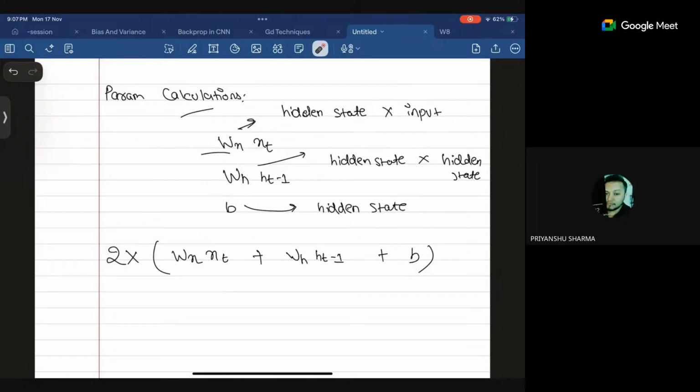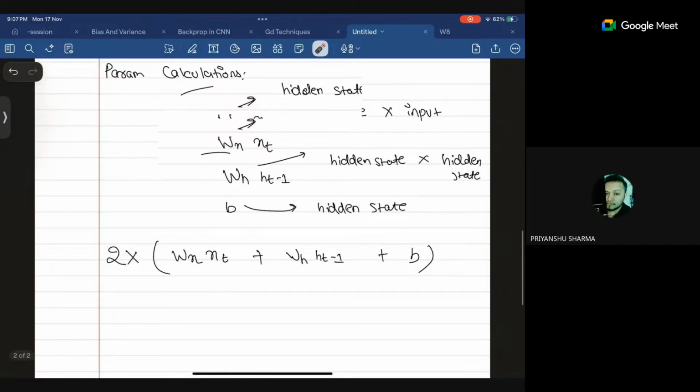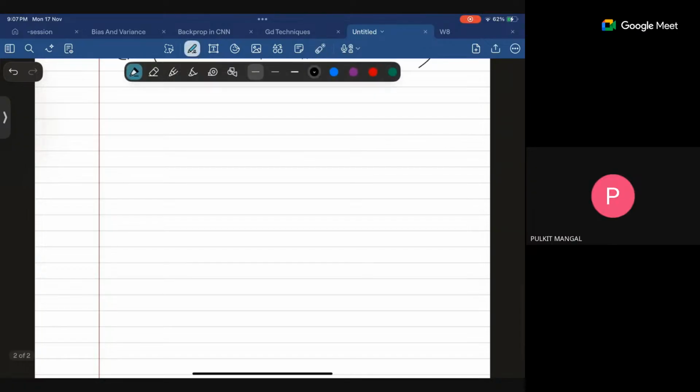Sir, can you please take one example here? Yeah, sure. So you want an example for the number of parameter calculation. Yes, sir. So let's suppose I have this x1, x2, x3.